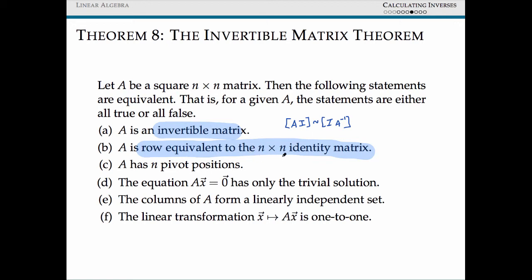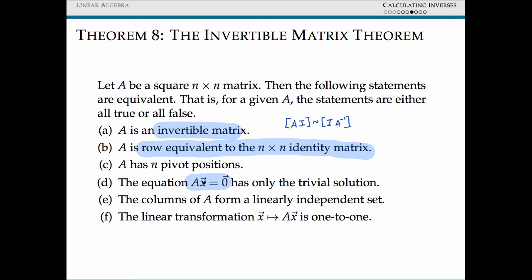The idea that A is row equivalent to the identity matrix tells us that A has to have pivot positions, so n full pivot positions in this n by n matrix. Similarly, tied to this, we know that this matrix A, as a linear transformation, has to be injective.